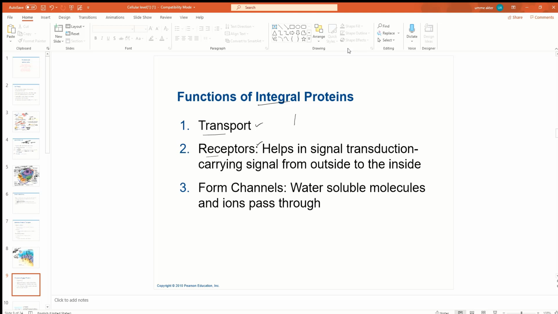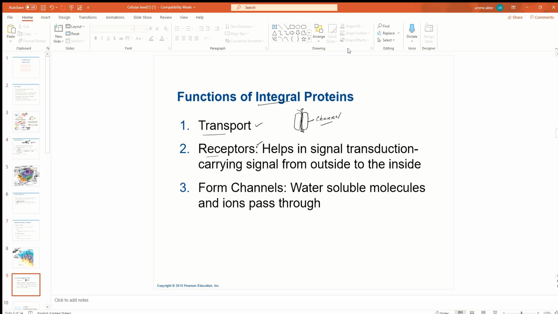If you see some integral proteins, this is an integral protein, you have openings all through. So from outside, small molecules including water can get in, some molecules can get out. So these are channel proteins. Not all integral proteins have channels. Some integral proteins have channels. So these are channel proteins.